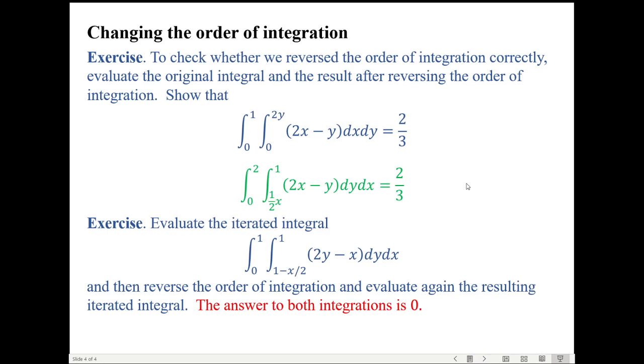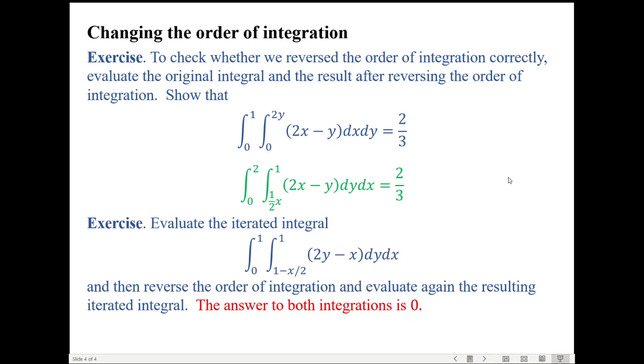And as an additional exercise, evaluate the integral. This function is a little bit different. I made it 2y minus x. Evaluate this iterated integral. So integration is with respect to y first, then with respect to x. And then reverse the order of integration and evaluate again the resulting iterated integral. If you do it correctly, the answer to both integrations is 0.